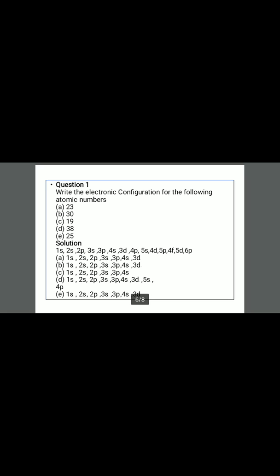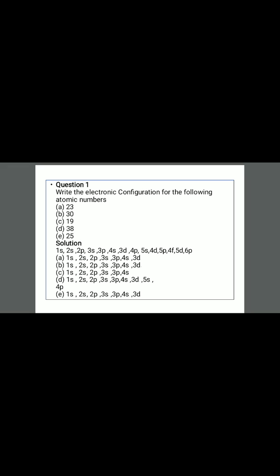Based upon the above discussion, you have to solve some questions. Write the electronic configuration for the following atomic numbers. If it is 23, you have to use 1s, 2s, 2p, 3s, 3p, 4s, 3d, 4p, 5s and so on.